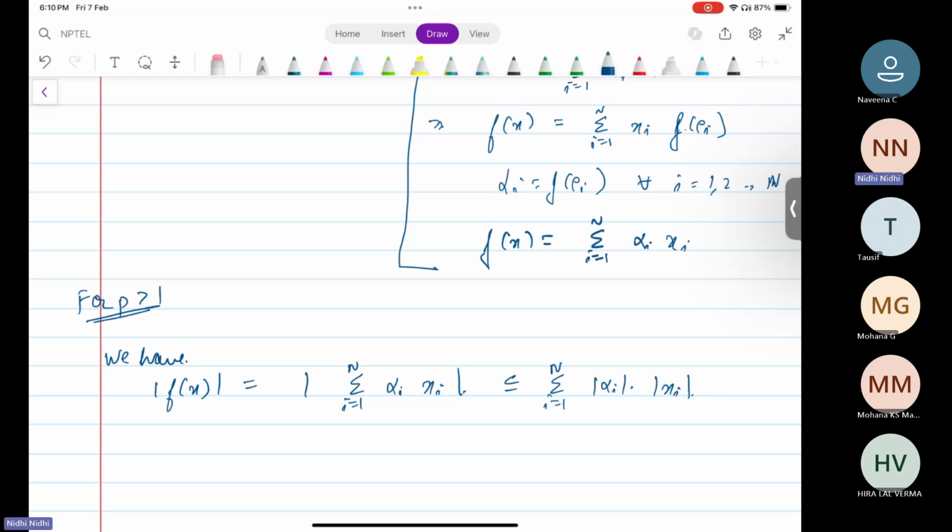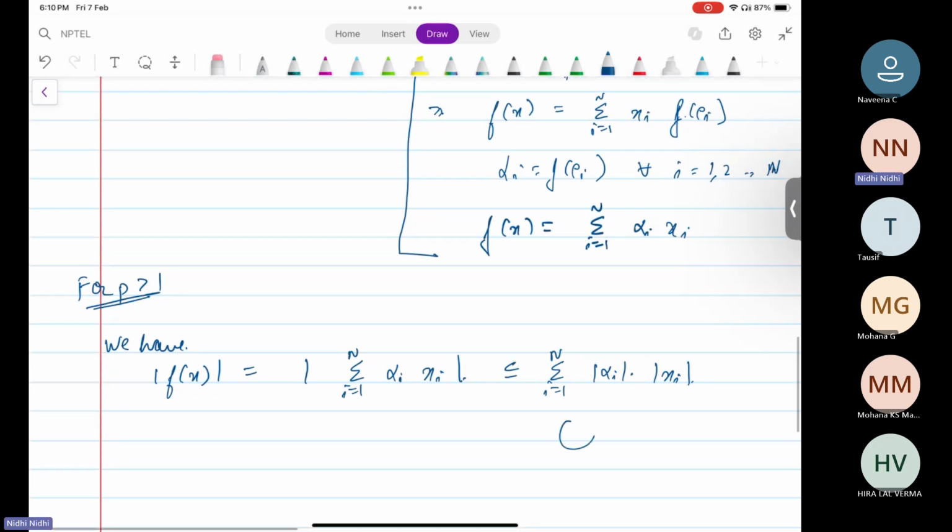So can anyone guess what we can use now? We had some inequalities. Basically, I want something times the LP norm of x. In that case, what kind of inequality can I use? We have Hölder's inequality.